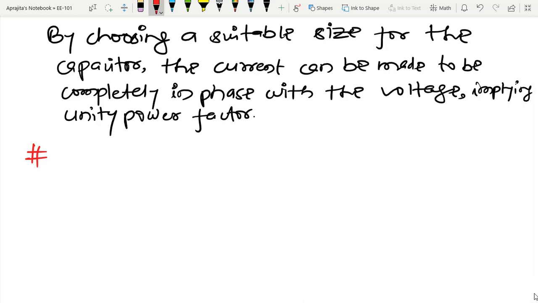So in case of the original inductive load, suppose that our apparent power is S1. In order to draw the power triangle, I have to talk about the complex power.